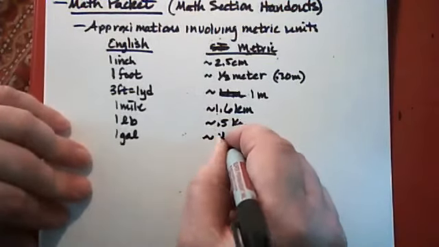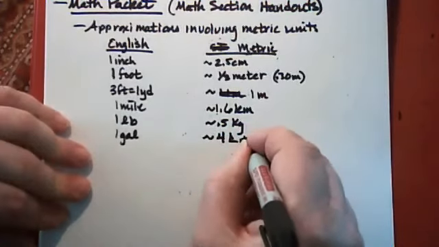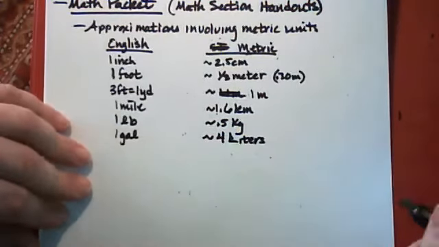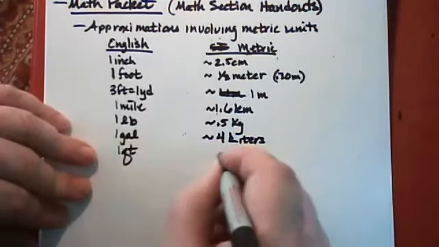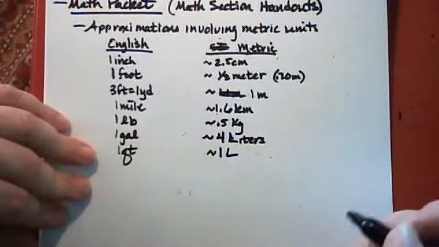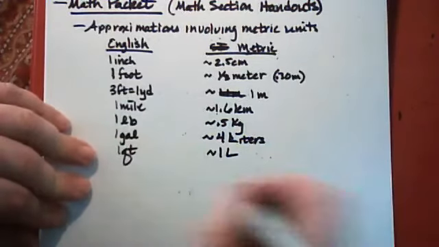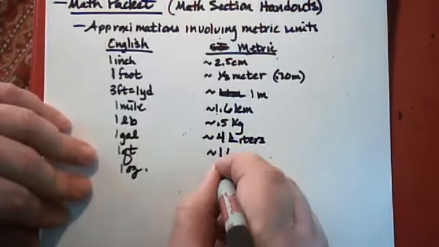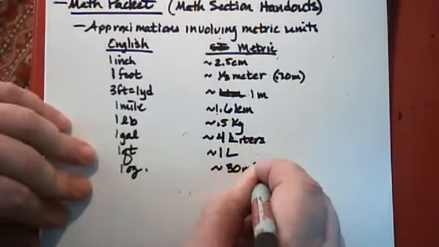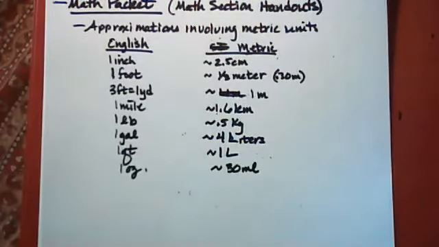So 1 gallon is also approximately 4 liters. Okay. 1 fluid ounce is about 30 milliliters. So that should help you with.